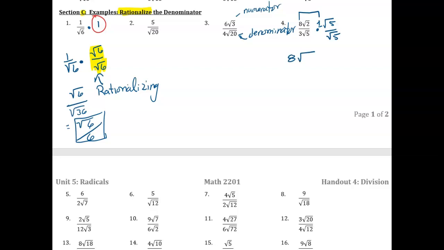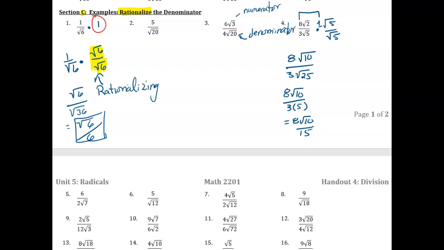Then you have 2 times 5, 10. 3 times 1 is 3. Root 5 times root 5 is root 25. So 8 root 10 over 3 times square root 25, which is 5. So 8 root 10 over 15. And you can't take 8 and divide into 15.